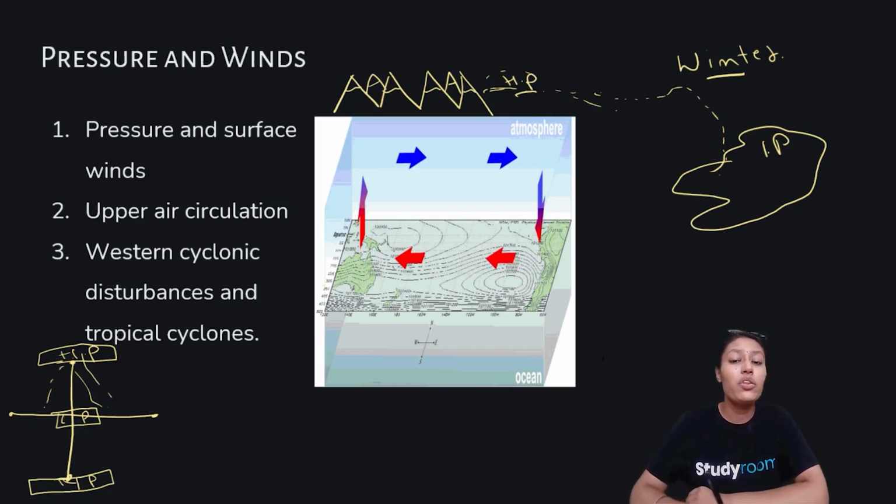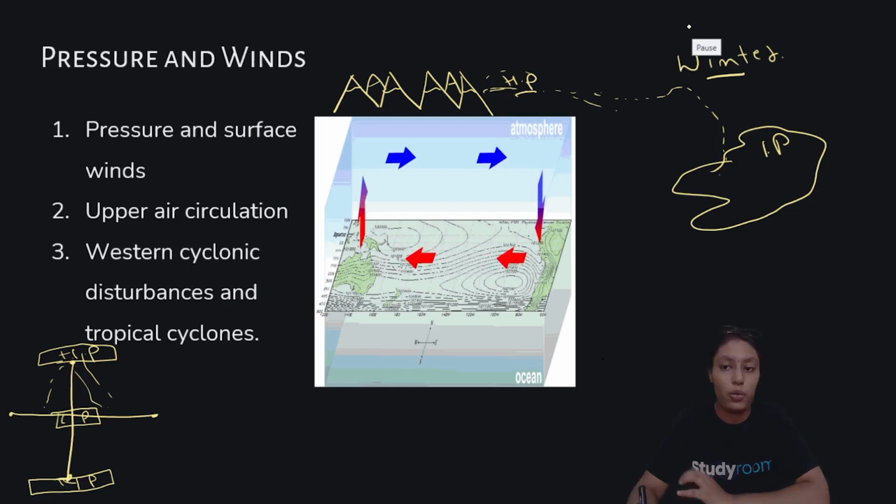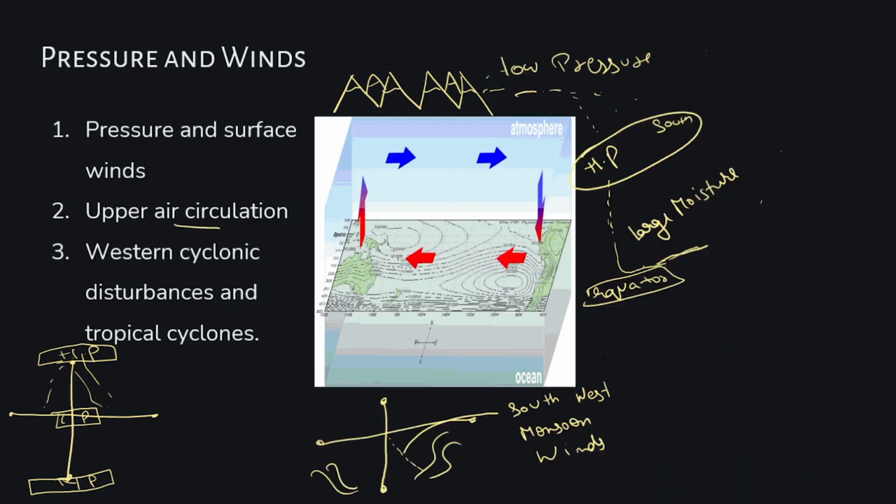Now, due to the equator and the reversal of winds, in summers we have a very different situation. It is not directly reversed from high pressure to low pressure and low pressure to high pressure. We will understand how. Earlier we understood what happened in winters, but now we will understand what happens in summers.